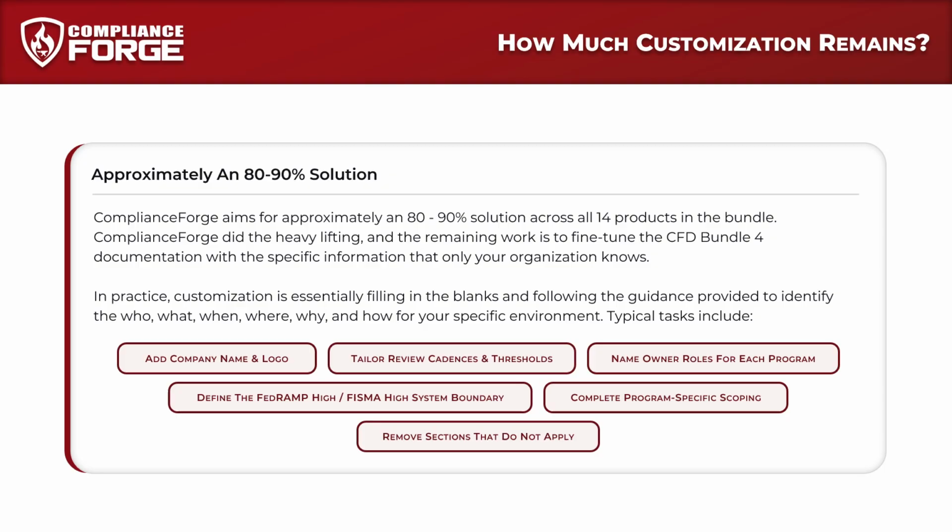ComplianceForge did the heavy lifting, and the remaining work is fine-tuning the documentation with the specific information that only your organization knows.